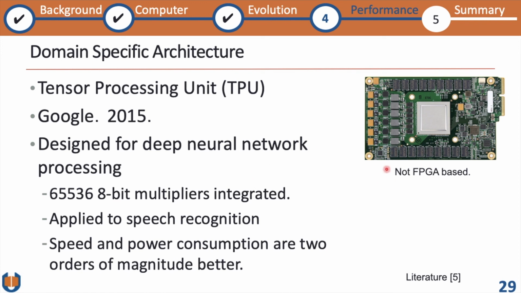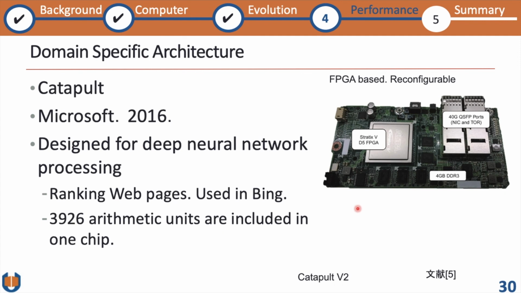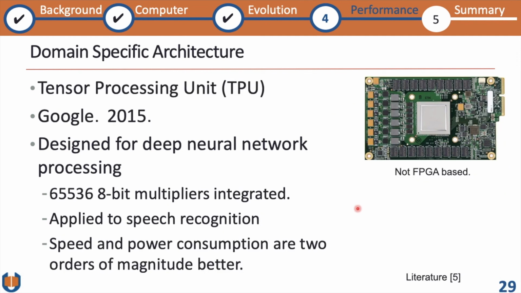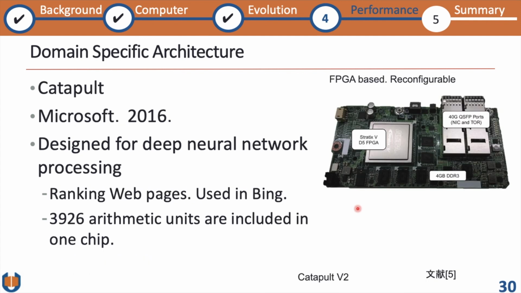You can see this board picture. The next was developed by Microsoft. Catapult is also designed for deep neural networks, and it is based on FPGA. In Catapult, a lot of ALUs are integrated in the system.